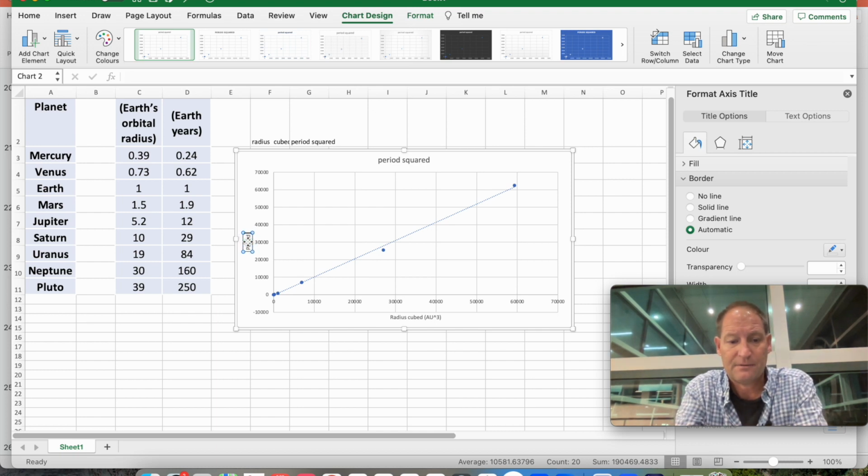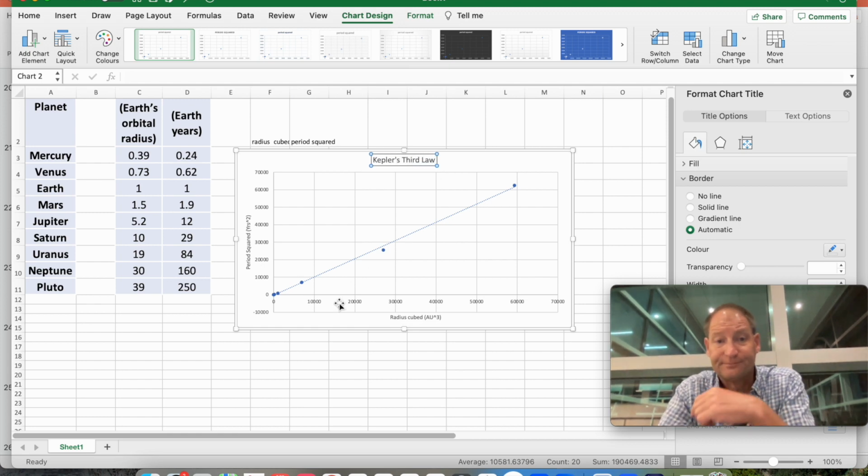This is period squared, and that's in years squared, square years. Okay. And the title of this graph: Kepler's third law of planetary motion.